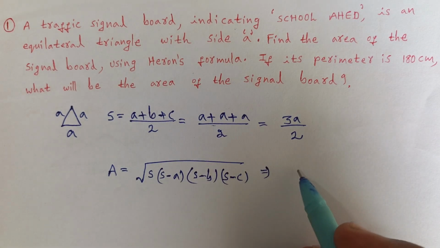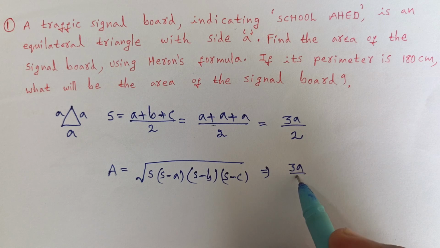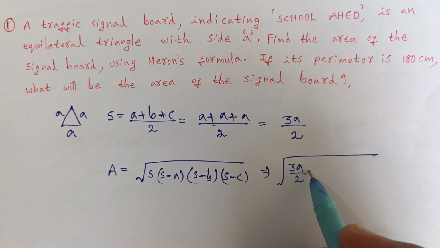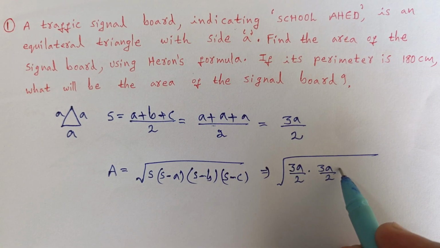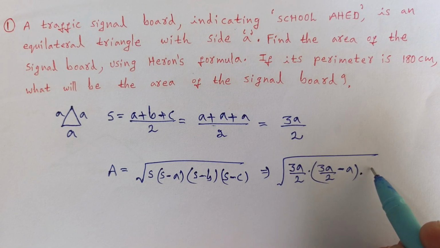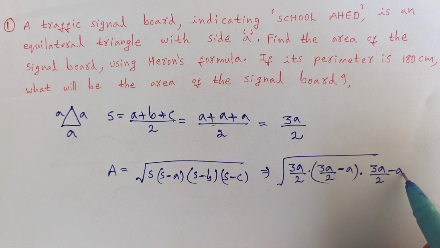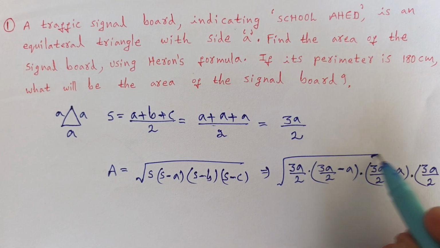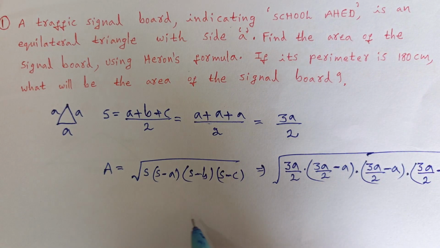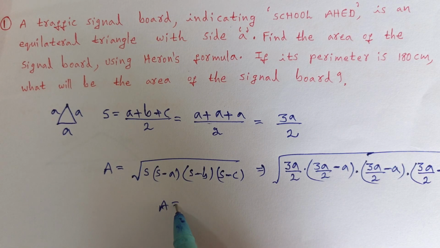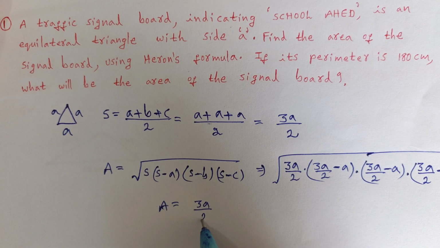Now if you substitute s equal to 3a by 2, into s minus a, 3a by 2 minus a, into again the same thing, and one more time the same way, because here all the sides are equal. Now if you simplify, applying LCM, 3a minus 2a by 2.